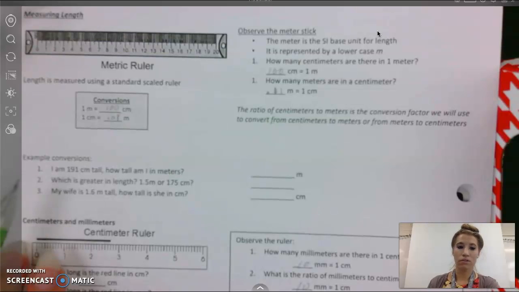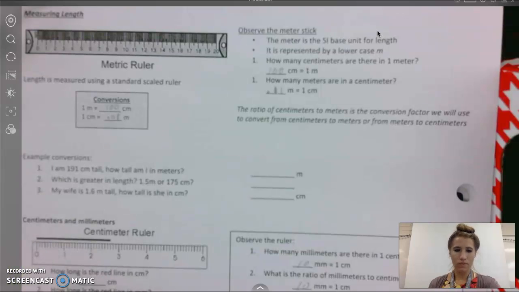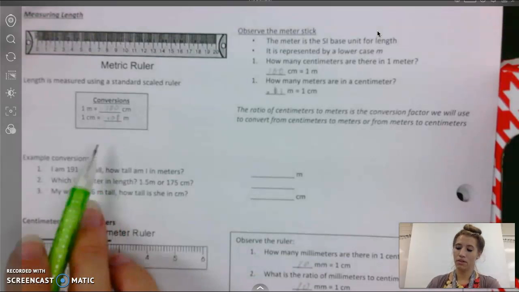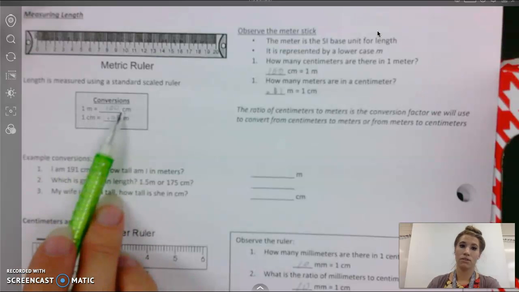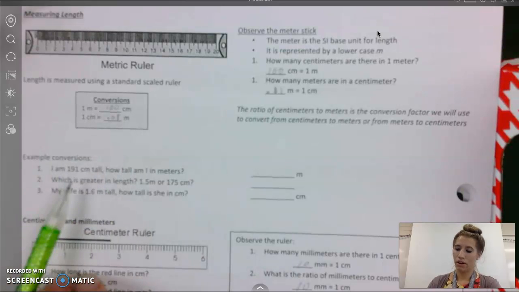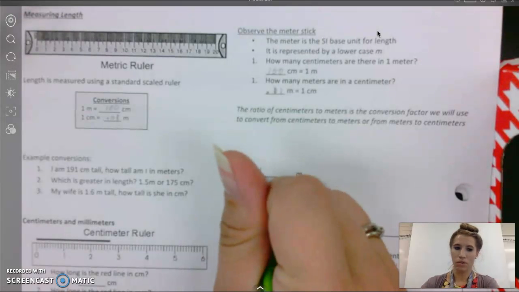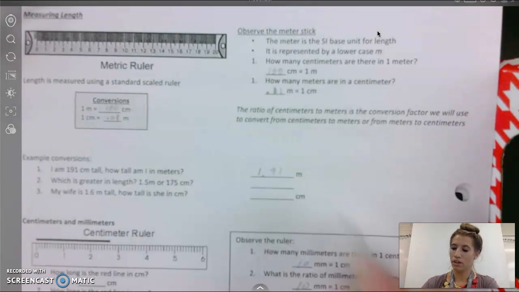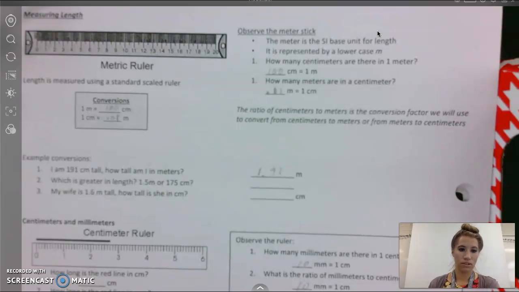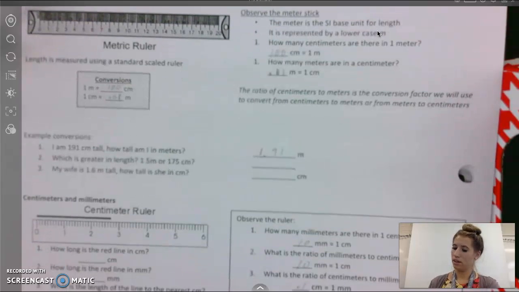Those are our conversion factors. Let's look at this first one together. If I am 191 centimeters tall, how tall am I in meters? Every single meter contains 100 centimeters, so that'd be 1.91 meters.